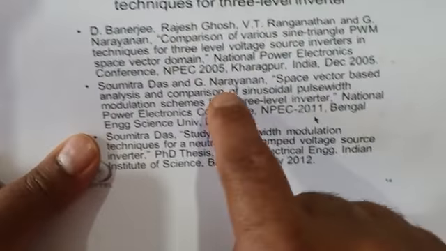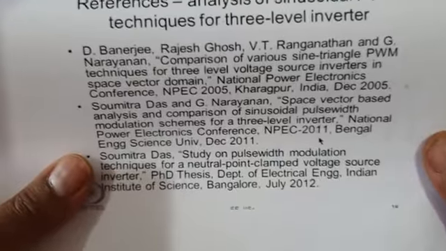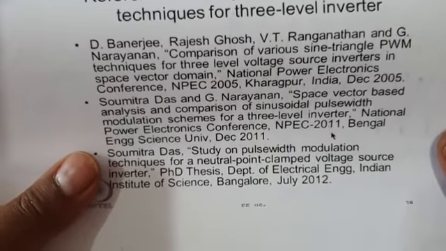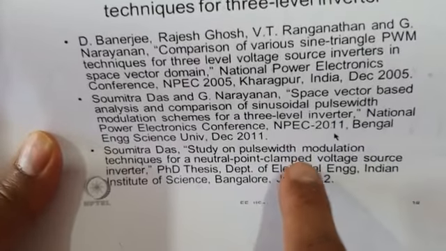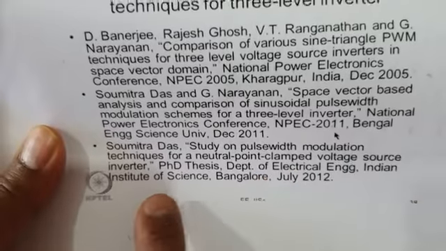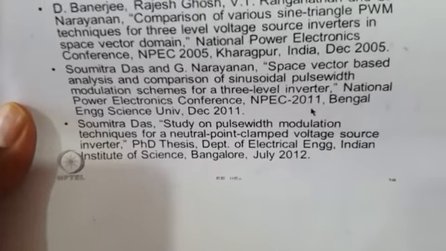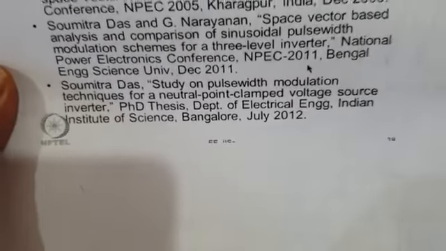The second publication is space vector based analysis and comparison of sinusoidal pulse width modulation schemes for a 3-level inverter, and then study on pulse width modulation techniques for a neutral point clamped voltage source inverter. This is a PhD thesis from the Department of Electrical Engineering, Indian Institute of Science, IISc Bangalore, July 2012.